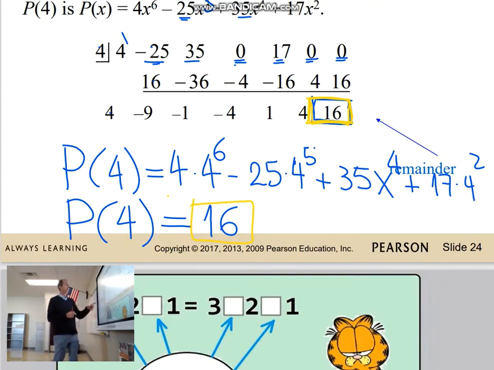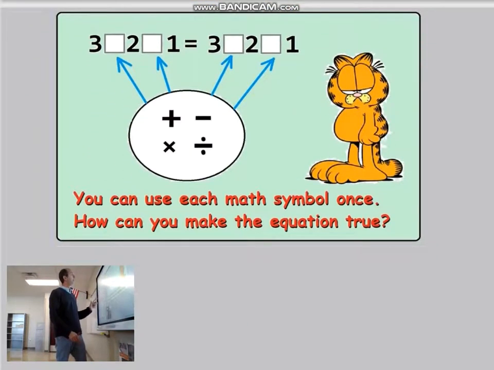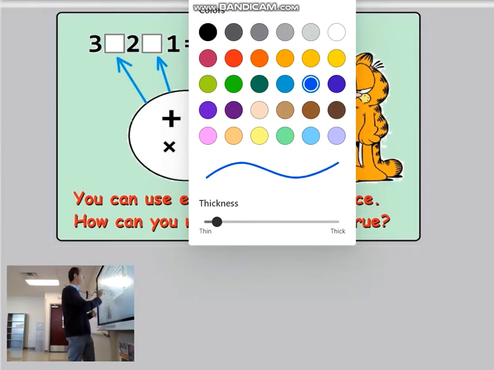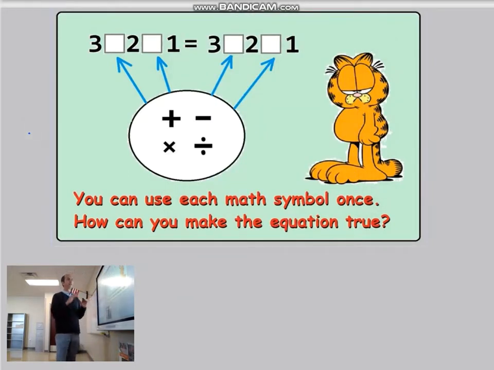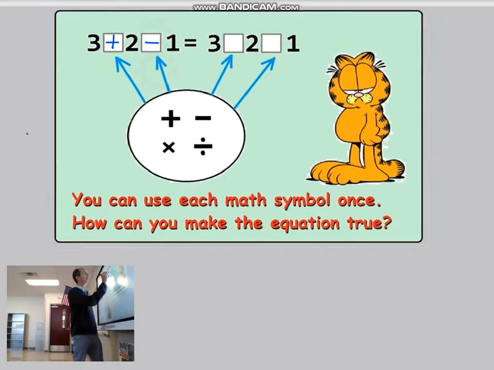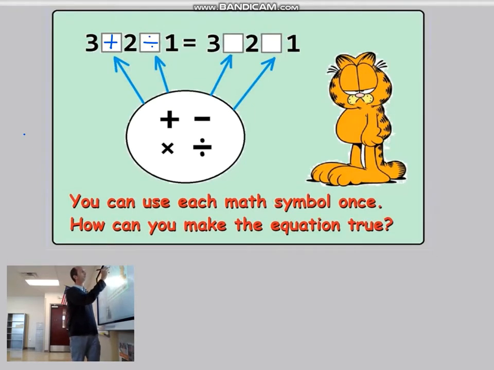Okay, now we reached the end of section 6.4, and let's try to solve this math puzzle. You need to try a few combinations, and after a few choices, a few arrangements, you're going to find this: 3 plus 2 divided by 1 equals 3 times 2 minus 1.